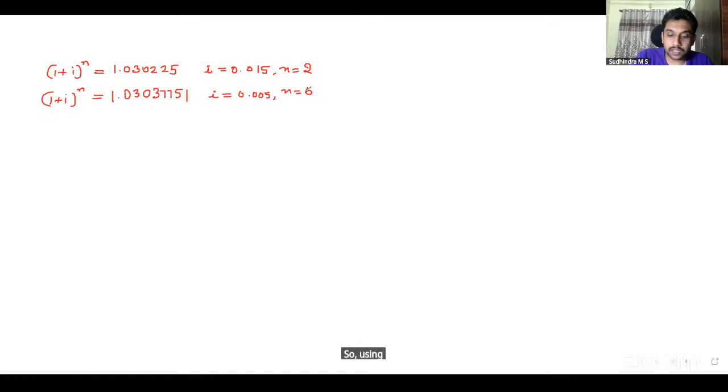Using this hint, we need to answer those three sub-questions. A beautiful question. This question completely makes us thorough with this concept of compound interest.